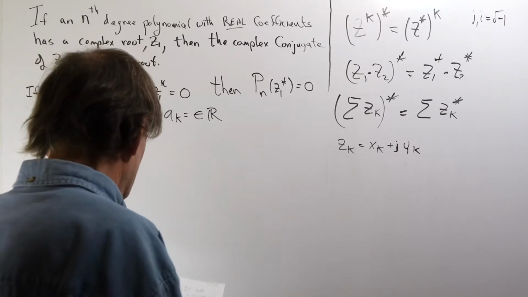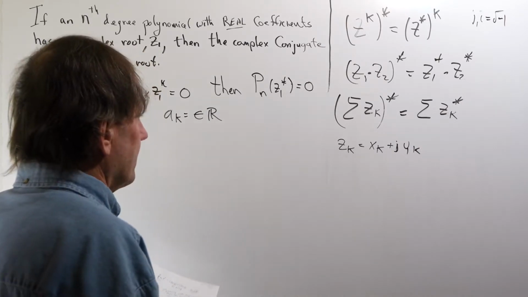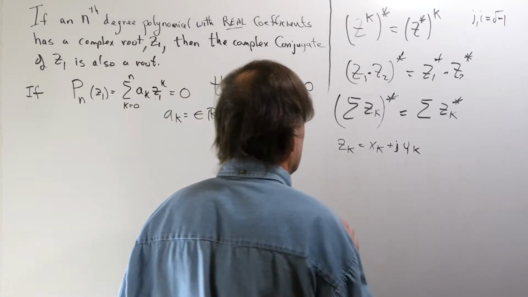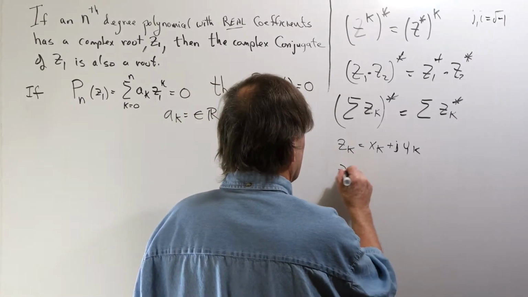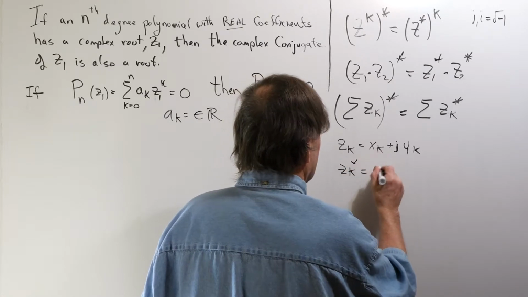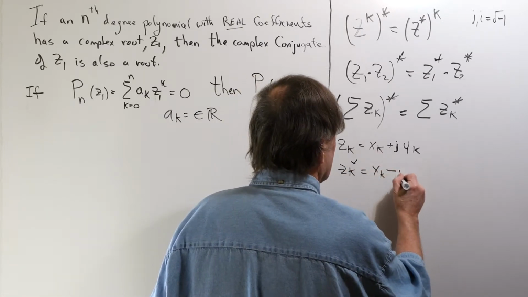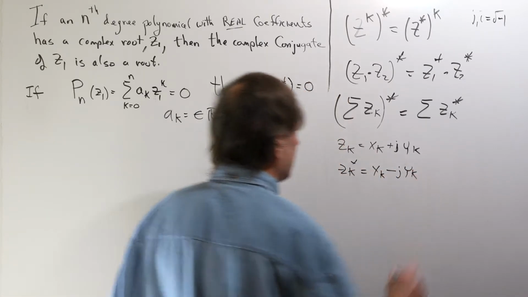I use it interchangeably. Now, if this is a complex number z sub k, then the conjugate of z sub k is just the negative of the imaginary part.